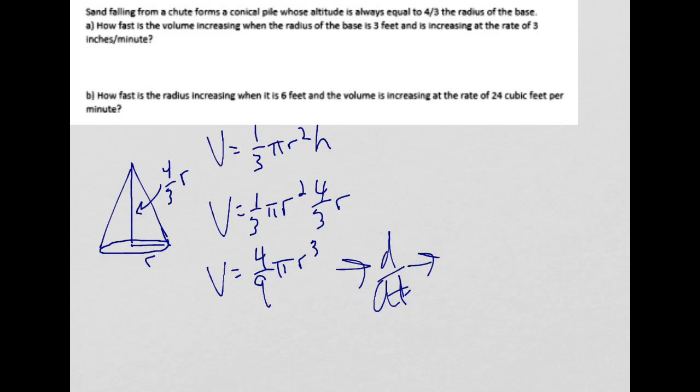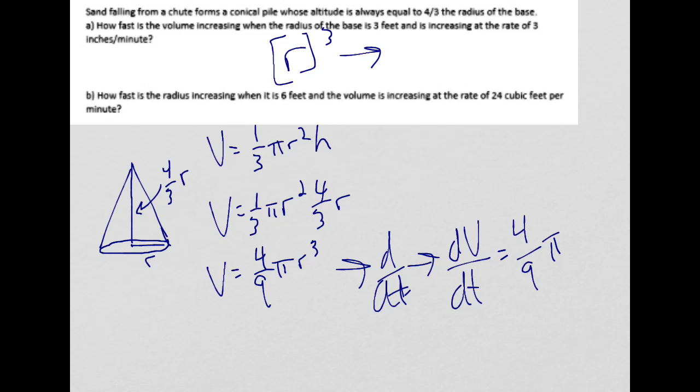So I get dV/dt equals 4/9 times pi. That's my coefficient. Now, I'm going to derive the r cubed. I need to look at it as chain rule. I'm going to do r cubed, and derive that with respect to t.